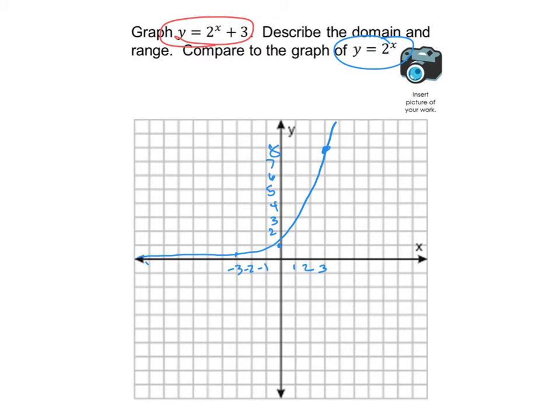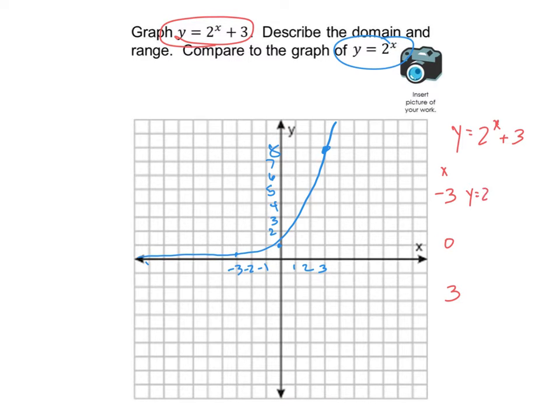Now I'm going to graph this one using a table of values. I'm going to use my same x values because I'm comparing it and I want to make sure I compare correctly. So I'm going to use my x values of negative 3, 0, and 3. So I'm going to plug it in.